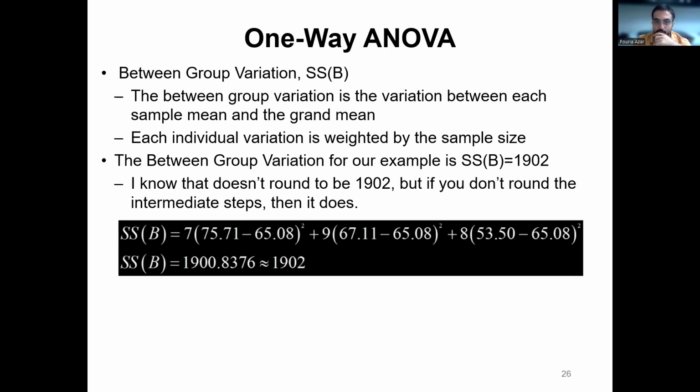So between group variation, or sum of squares between, is the variation between each sample mean and the grand mean. So each individual variation is weighted by the sample size. So in order to calculate sum of squares between, in our example, it will be 1902.